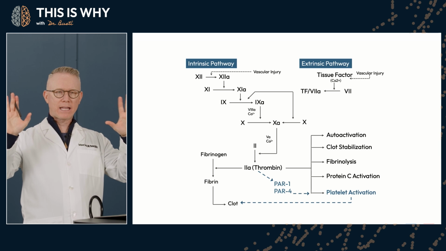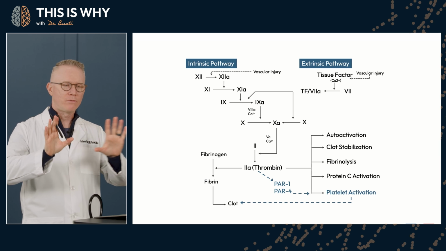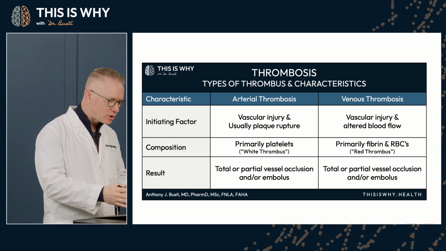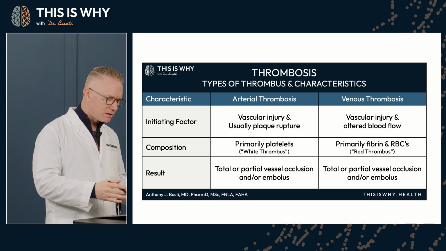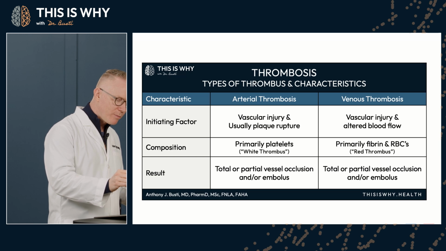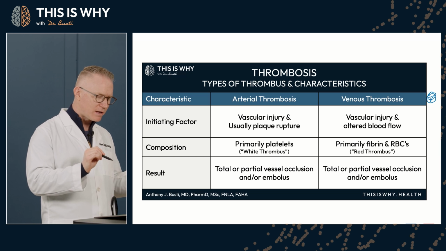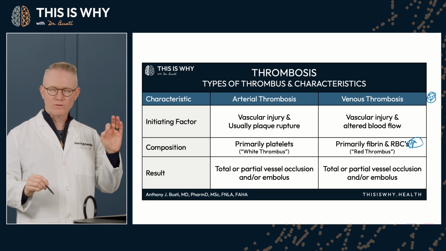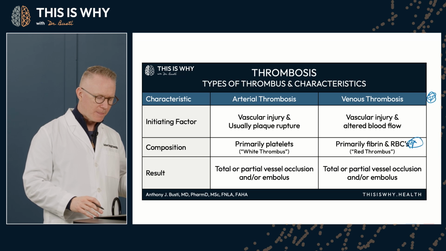And that's why I keep talking about looking at the two systems together at some level versus only learning something in isolation. And so when we come back to our table of the types of thrombus and the characteristics, where we have been focusing are primarily what would be considered venous thrombus or thrombosis events, where it's primarily made up of fibrin, that we saw those fibrin monomers, and then red blood cells, okay, primarily.